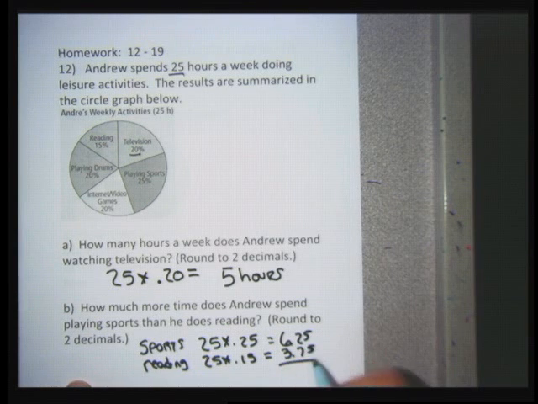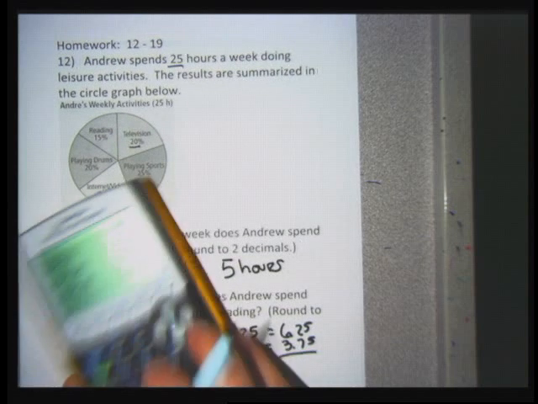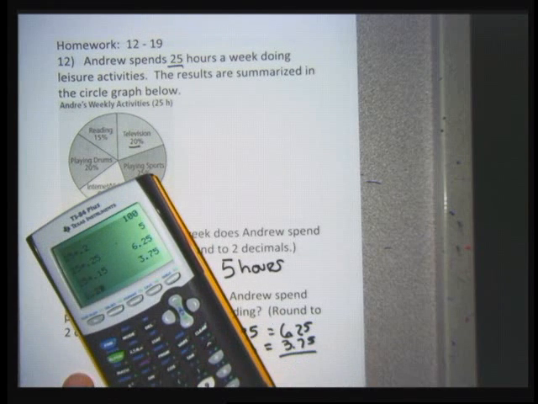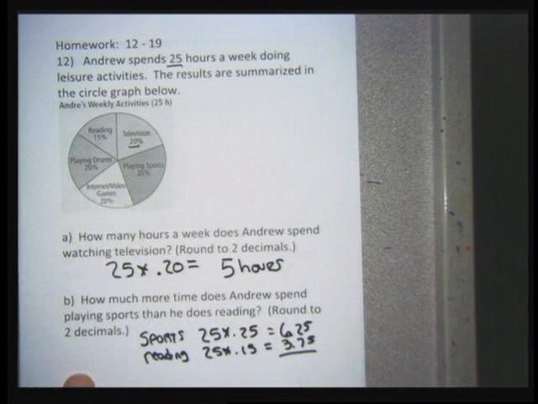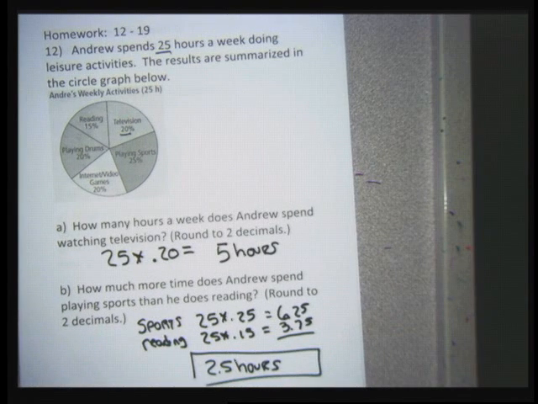Now if I subtract these, this will give me how much more he does with sports than reading. So Andrew's definitely well-rounded. I get 2.5 hours. So the answer to part B is going to be 2.5 hours. Maybe 2.5 hours more if I wanted to be more precise, but that's good enough.